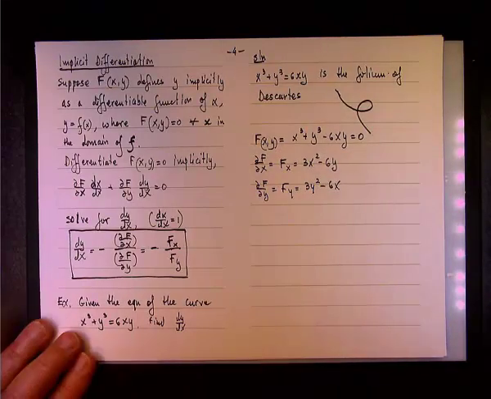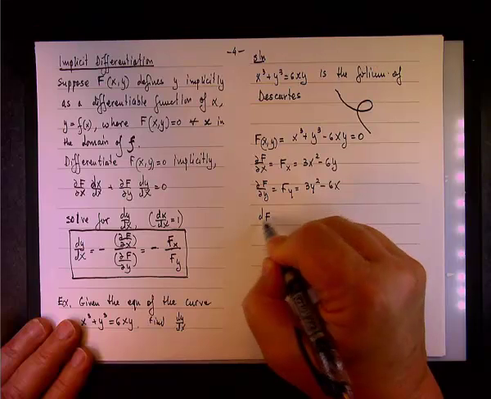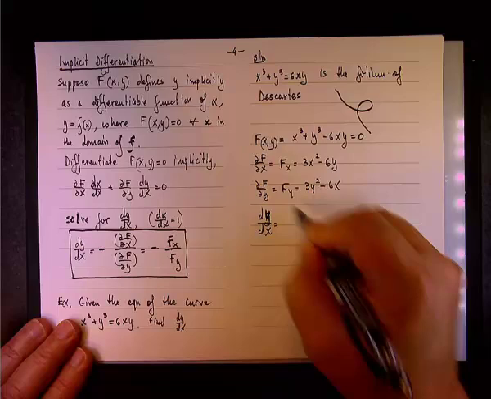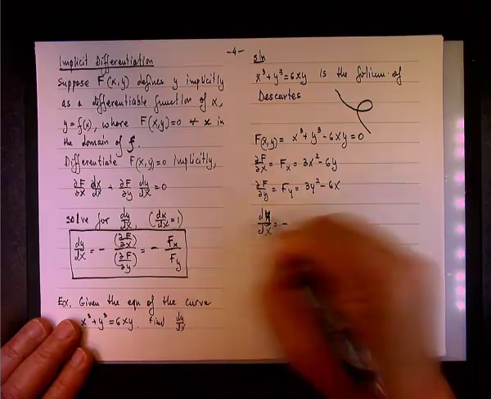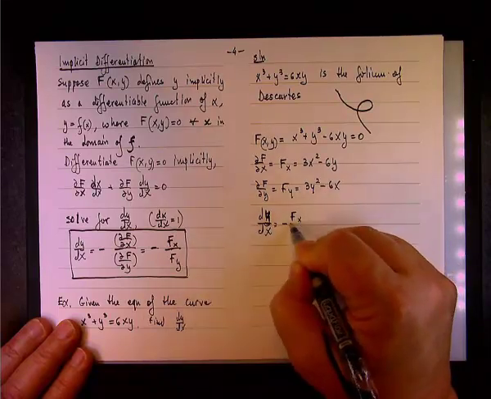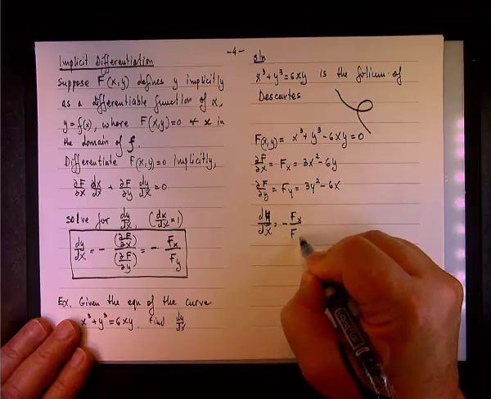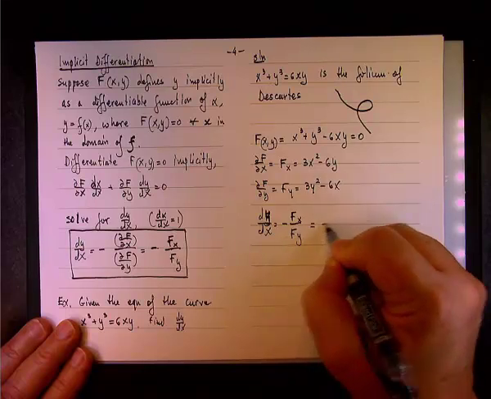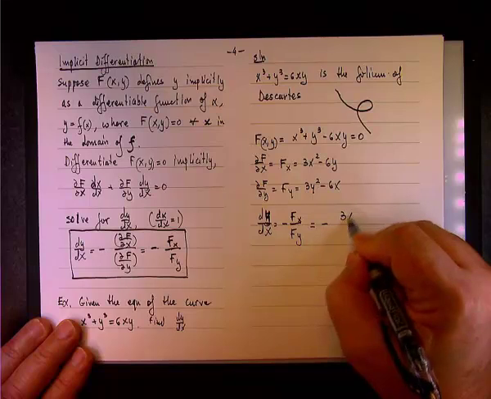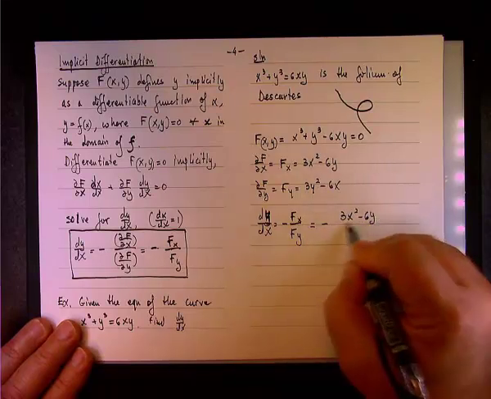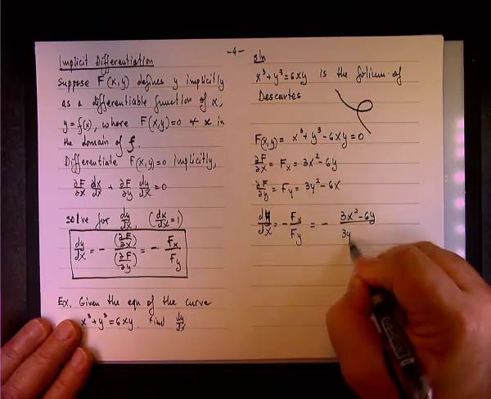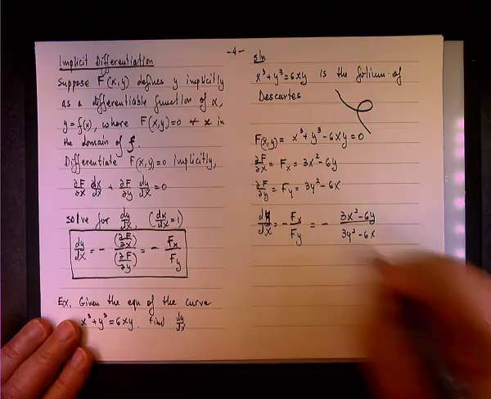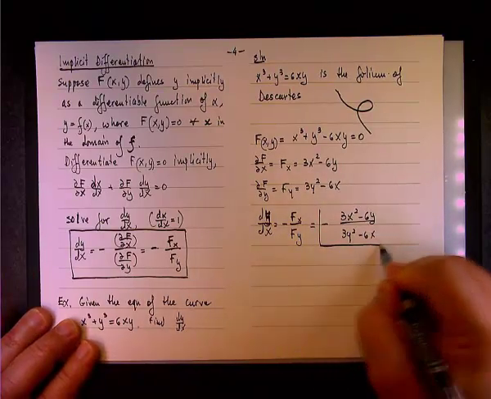Del F del y is likewise 3y squared minus 6x. So there is a beautiful symmetry here, and dy dx will be simply based on this, negative F sub x divided by F sub y.